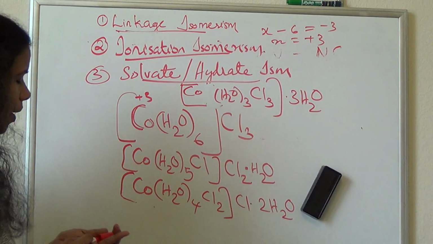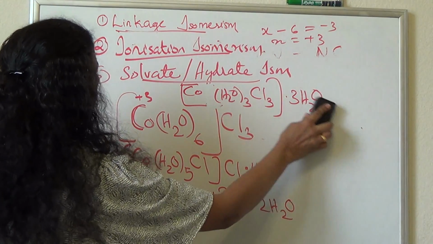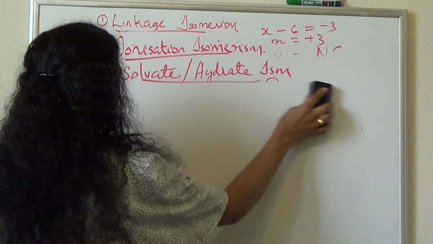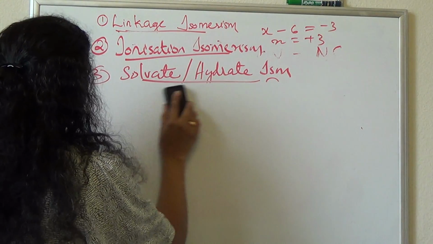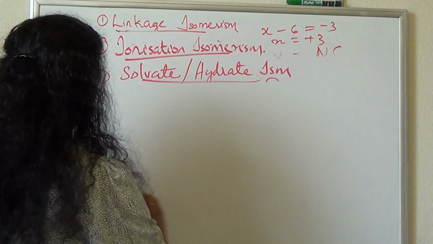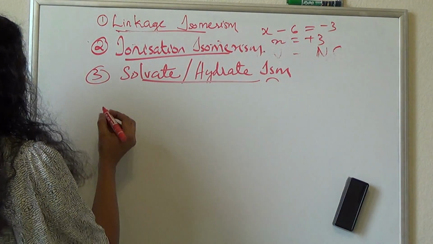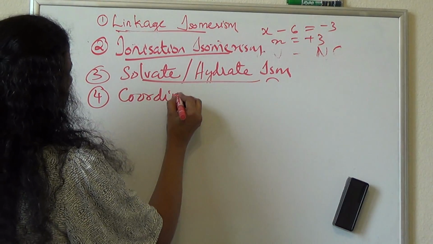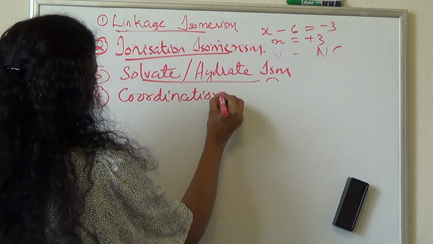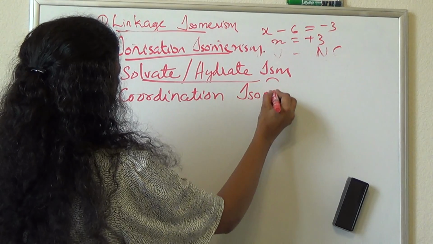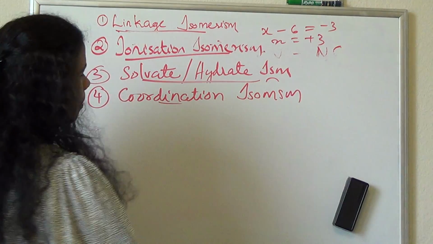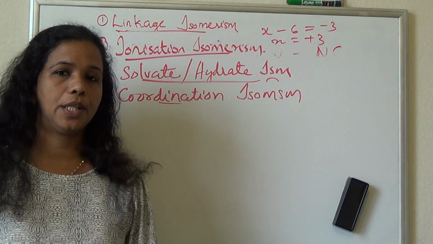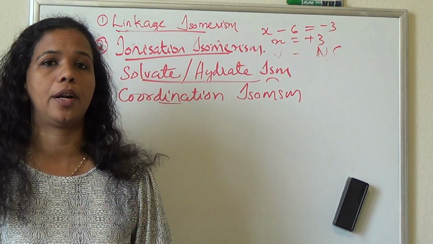Then the last one in structural isomerism is coordination isomerism. Coordination isomerism is shown only by double complexes. That means positive part and negative part are complexes.